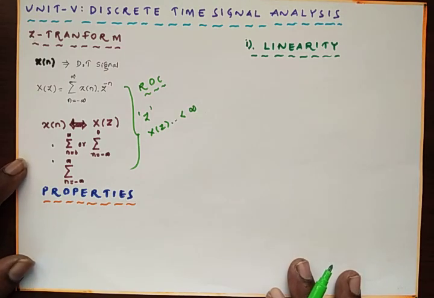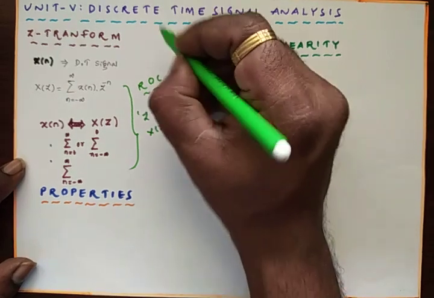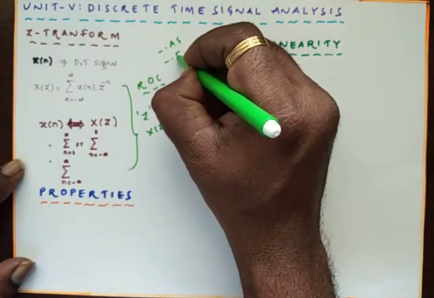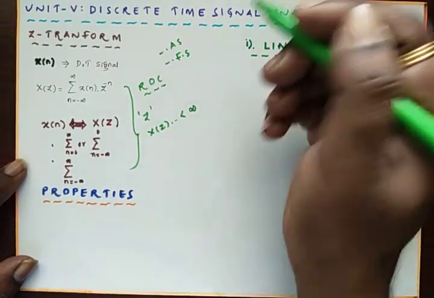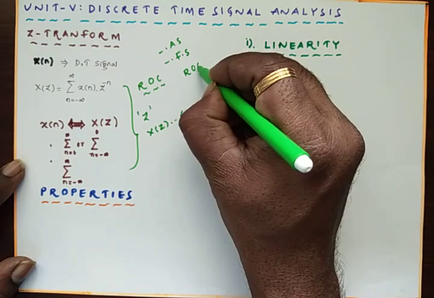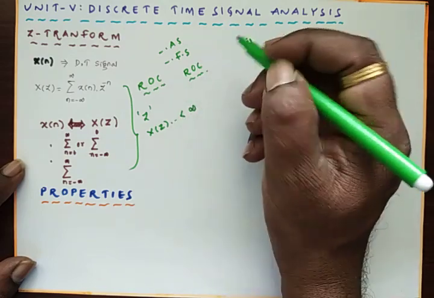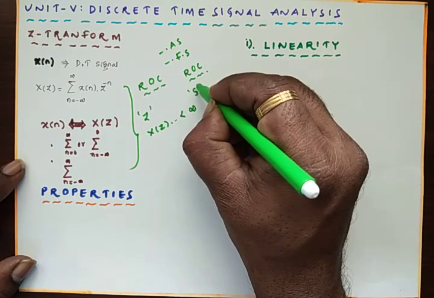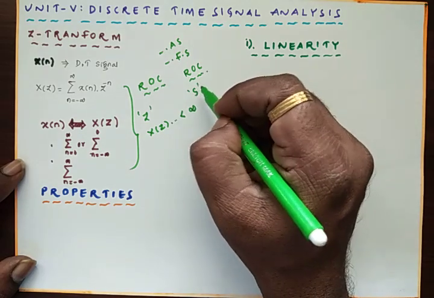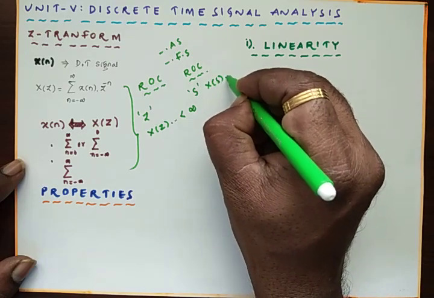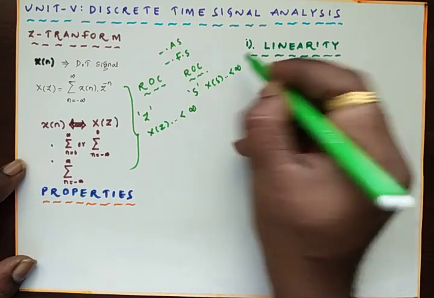In case of the Fourier transform, we have to plot the amplitude spectrum followed by the frequency spectrum. In case of Laplace transform also, we have to plot the ROC, but in this case we take the range of values of S for which X of S converges, that means it must be less than infinity.